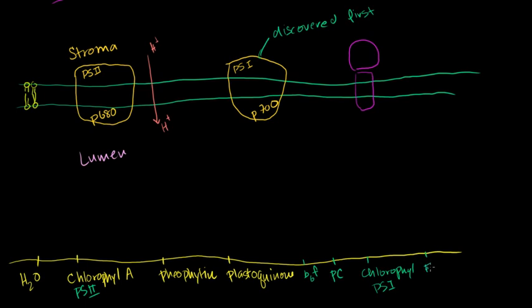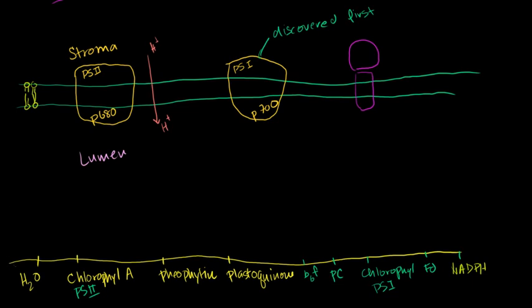I'll just write FD for ferredoxin. Some other molecules, you keep going. And then you have your eventual electron acceptor NADP+, which once it accepts the electron becomes NADPH.